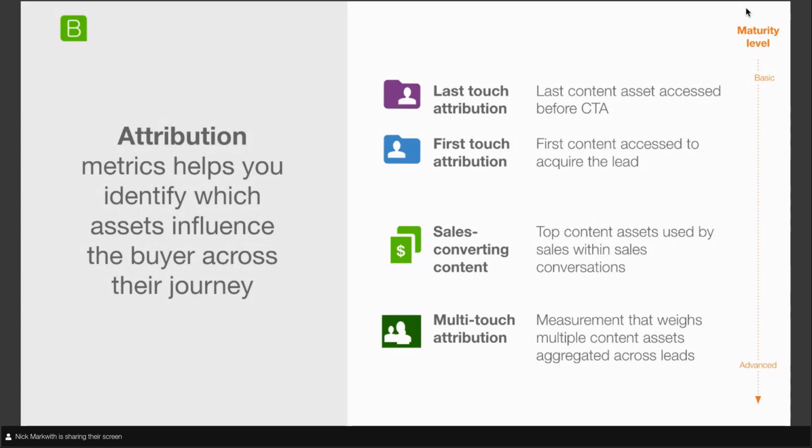It's not, from one piece of content, they're going to then view this piece of content, and then this piece of content, and then this piece of content. It just doesn't work that way. People like to be self-guided, want to find the answers first before they come talk to a salesperson. And so, looking at attribution is an important part of that.